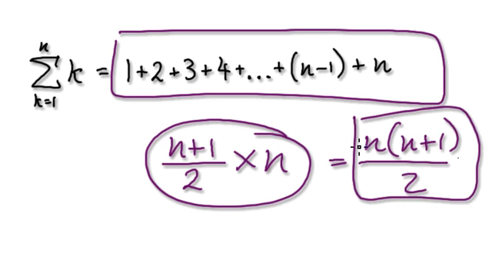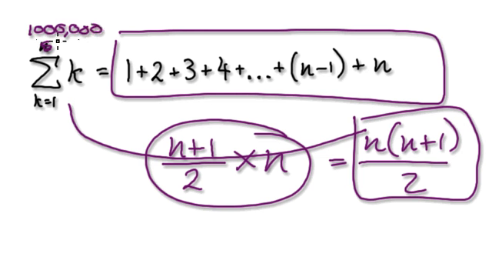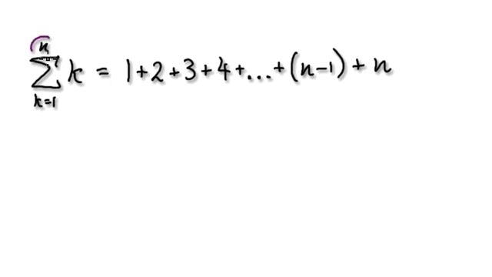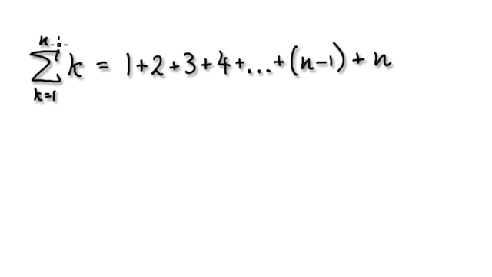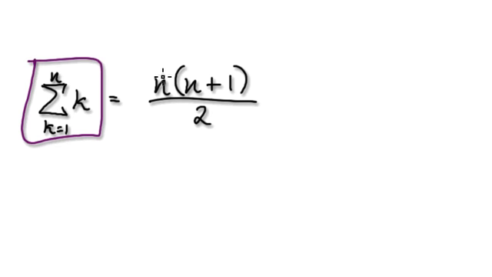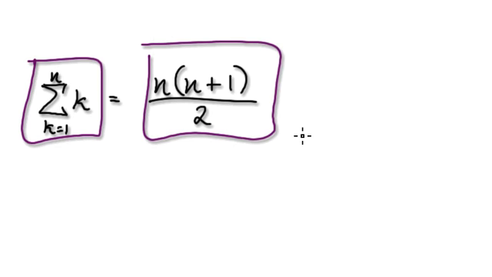This is your formula for working out, let's say, up to 1 million if you wanted to. Now we've got a formula for working out up to any n. So overall, if you want to evaluate something like this, this is your formula.